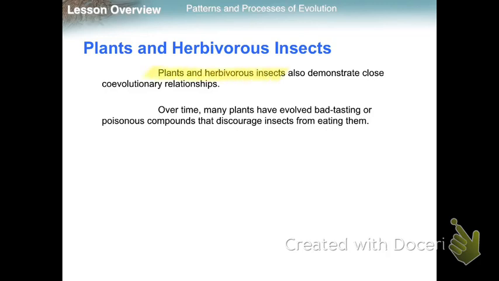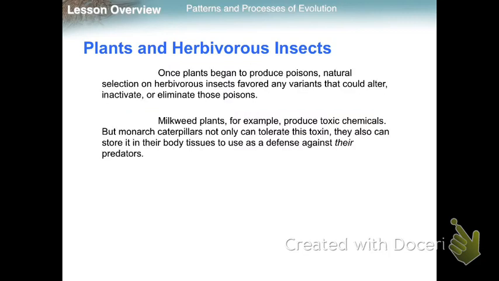Plants and herbivorous insects also demonstrate coevolution. Many plants have evolved bad-tasting or poisonous compounds that discourage insects from eating them. Once plants begin to produce poisons, natural selection on the herbivorous insects would favor mutants that could somehow get around those poisons.